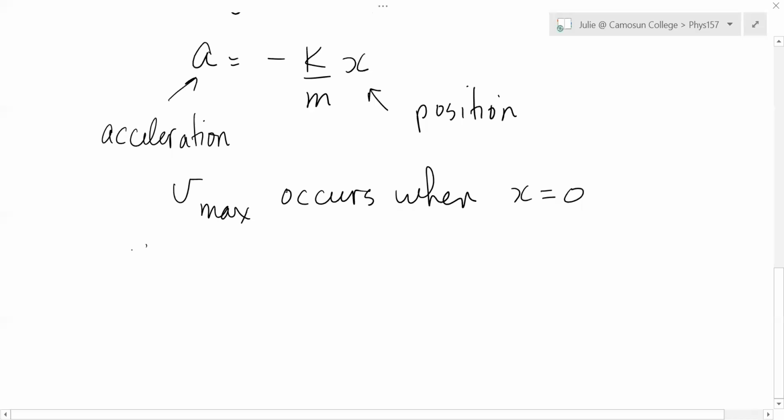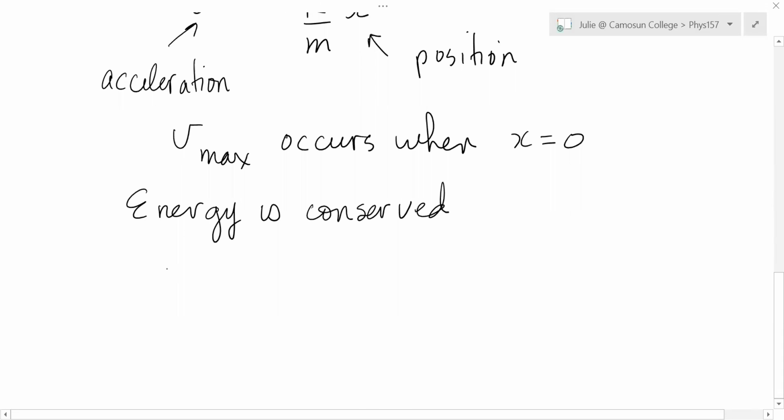Also, as far as energy goes, energy is conserved. There's no friction on the surface and you don't lose it in the spring if it's an ideal spring. So it will always say an ideal spring, which means that the total energy is constant.